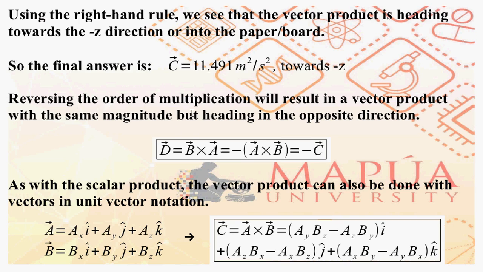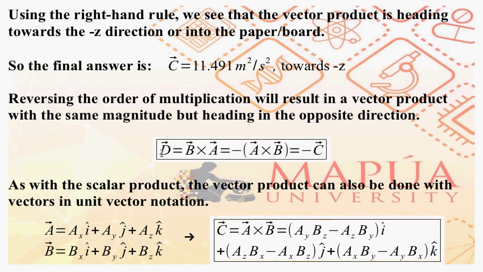Unlike the scalar product, if you reverse the order of the multiplication, it will result in a vector product that has the same magnitude but is heading in the opposite direction.